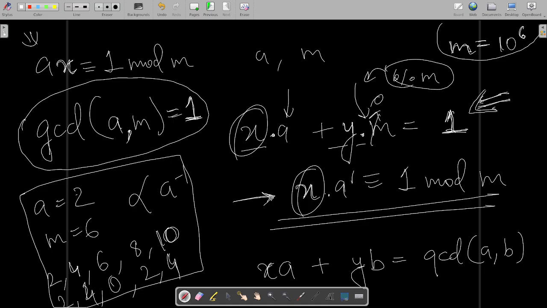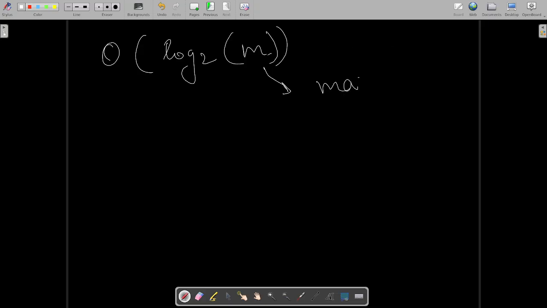Another way of finding this: the extended Euclidean algorithm takes logarithmic time. So this takes O of log base 2 of m. The complexity is actually similar to Euclid's GCD theorem. And why m and why not a? Because this is actually the maximum of a and m, which is always going to be m either way.